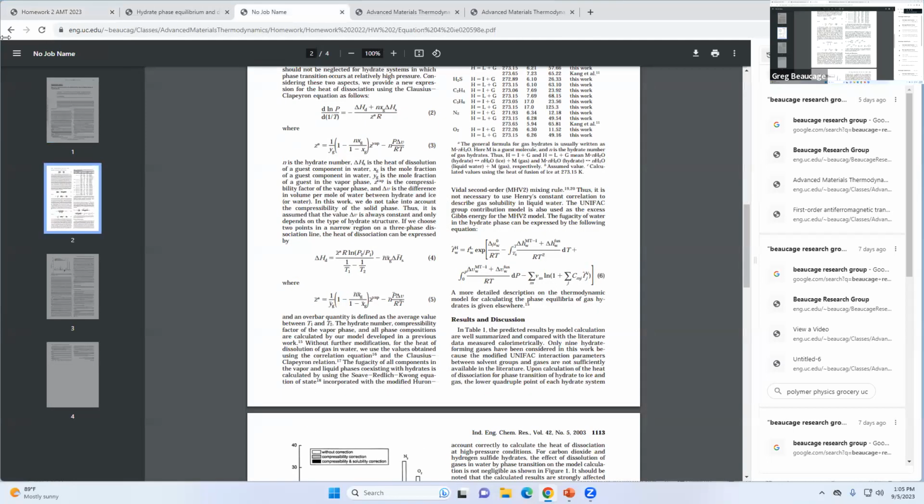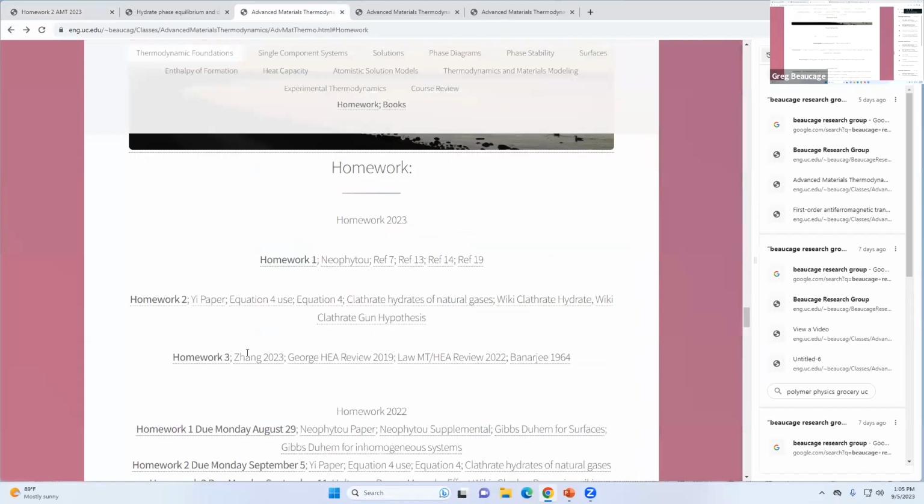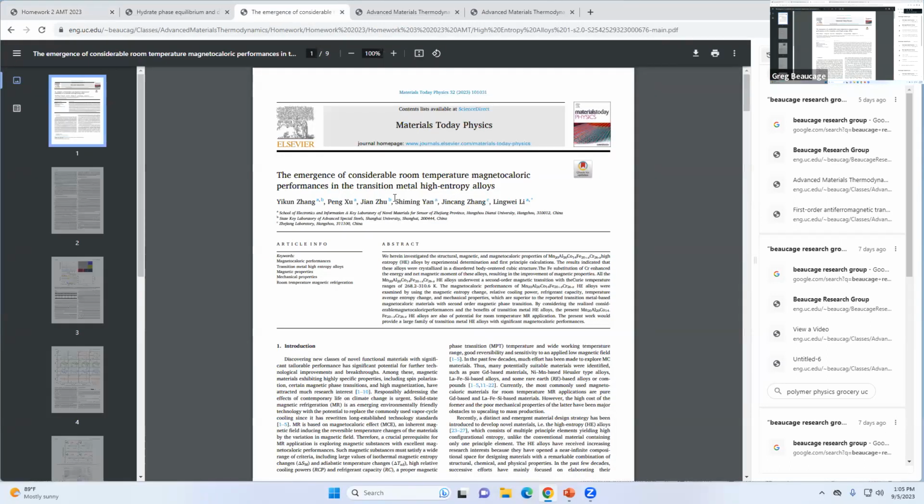I made up a new one. Those 2 homeworks are both from last year. This one is from this year, and I thought it was kind of interesting. It's about high entropy alloys, which means you have 5 or more components, and it's a substitutional alloy. Like brass, where you have a certain crystal structure and you put in zinc to substitute for copper.